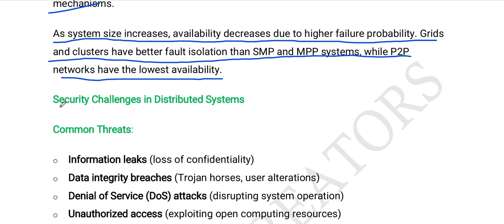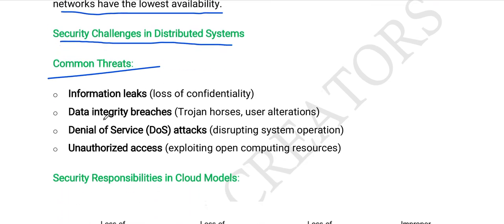Next, we are going to look at security challenges in distributed systems. Common threats are information leaks, data integrity breaches, denial of service attacks, and unauthorized access. Information leak means loss of confidentiality, like leaking of private details. Data integrity breaches mean user alterations are done without permission.